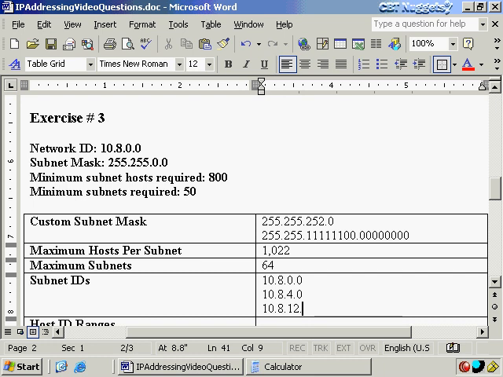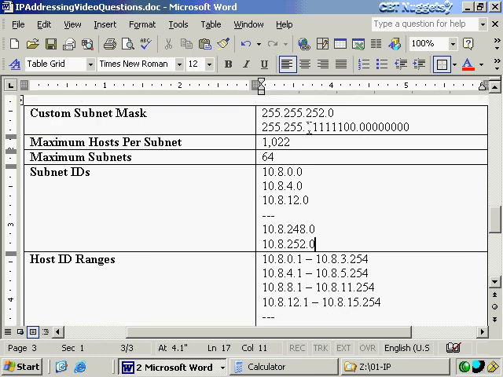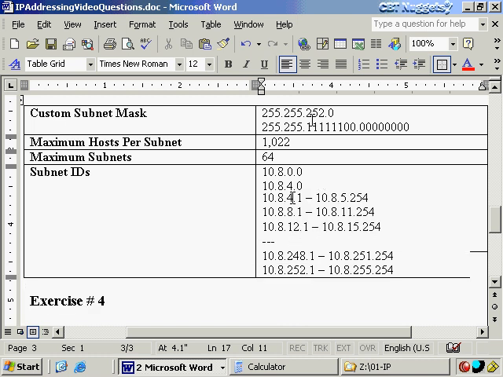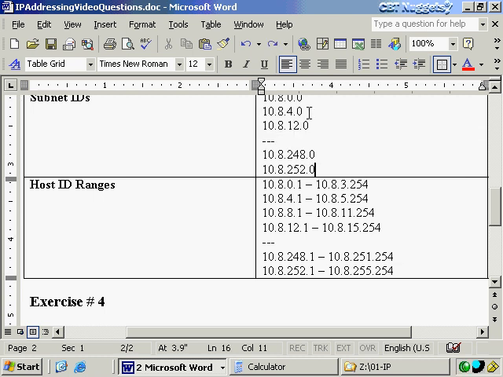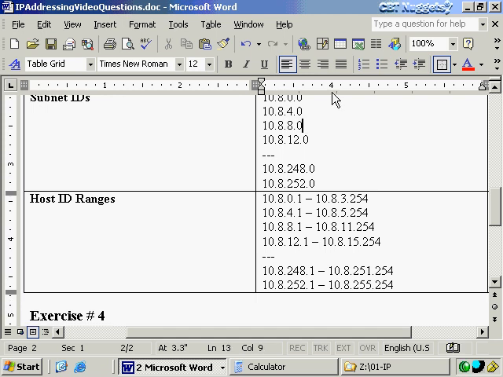And then I just filled in all the rest here up to 252, which remember, your last subnet ID is equivalent to your custom subnet mask, so I know I have to stop at 252 there. And then here I just increment by 4 also in the host ID ranges, and all zeros and then a 1, and then all ones and then a 0 for my range of IP addresses. And I see I made a little mistake in here, so I'm missing the .8.0 here, so that should be 10.8.8.0, because remember we're incrementing by 4s, so 4, 8, 12, and so on and so forth.